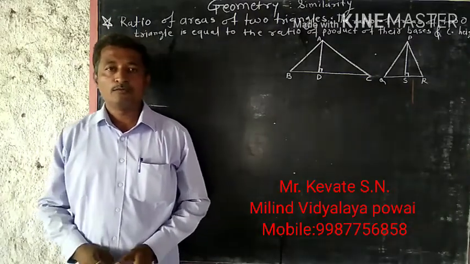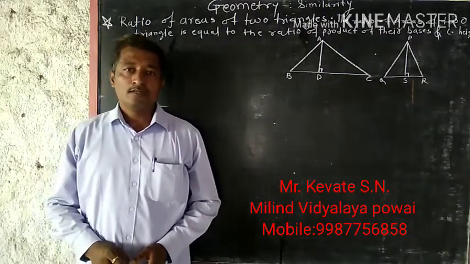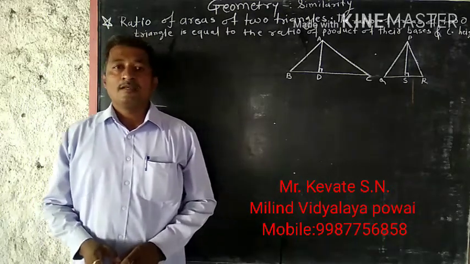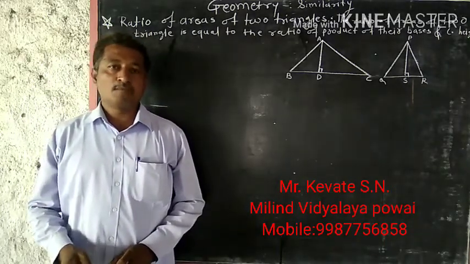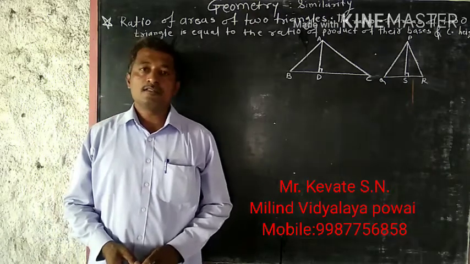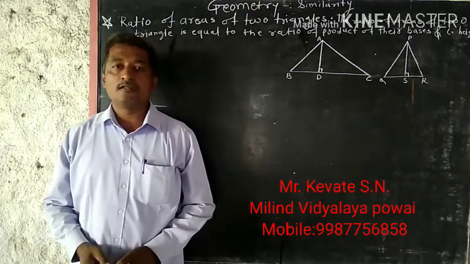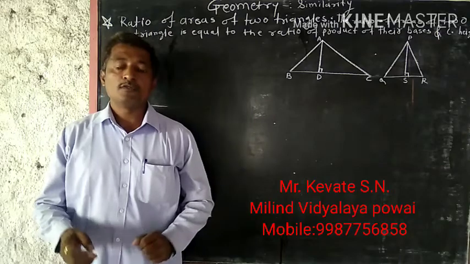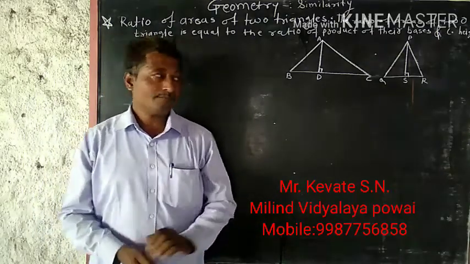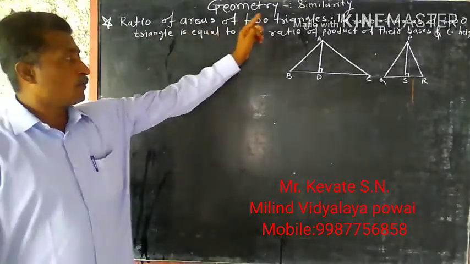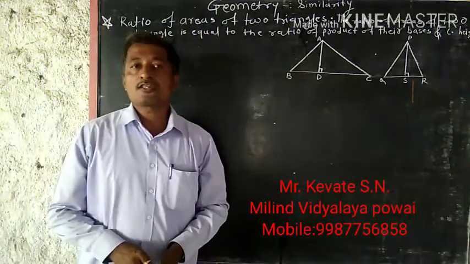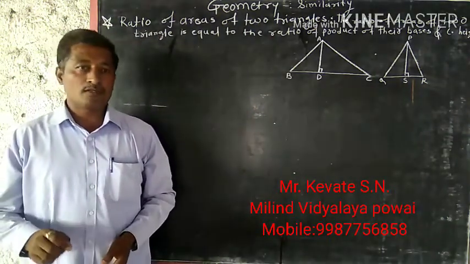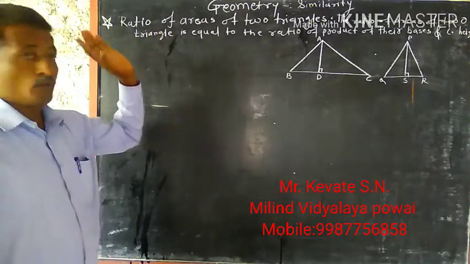In this video, we are going to learn 10th standard geometry, unit similarity and subunit the ratio of areas of two triangles. The ratio of areas of two triangles. First, we discuss the concept of ratio.